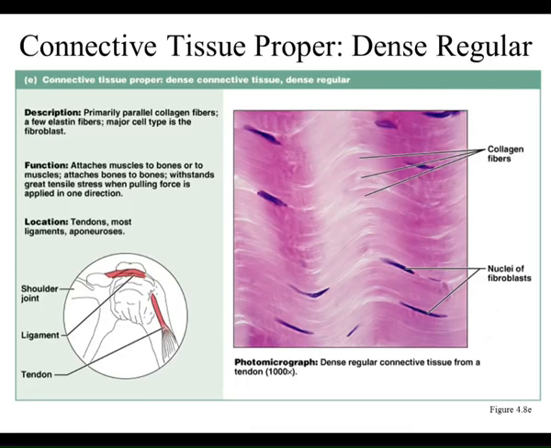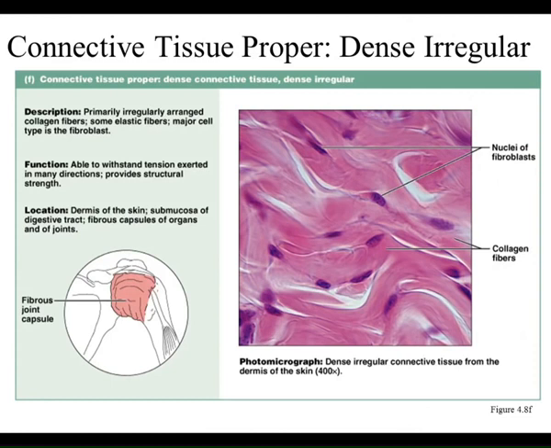That's why we put dense regular for tendons and ligaments for more of a one-plane motion, where dense irregular is useful where there are lots of different kinds of motion and different kinds of stresses.